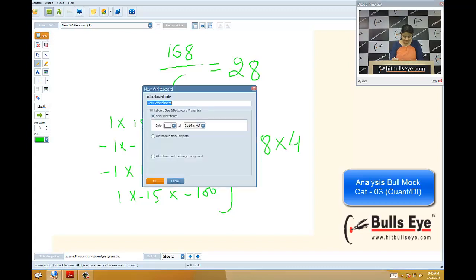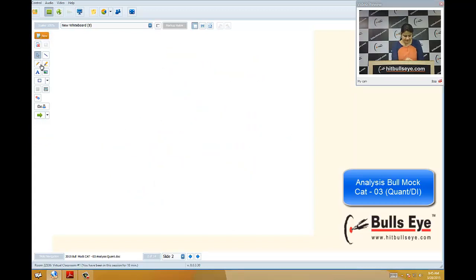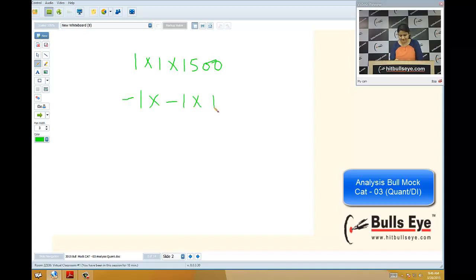Now we had 4 cases in which 2 numbers were equal. From this case, I can get these many cases.